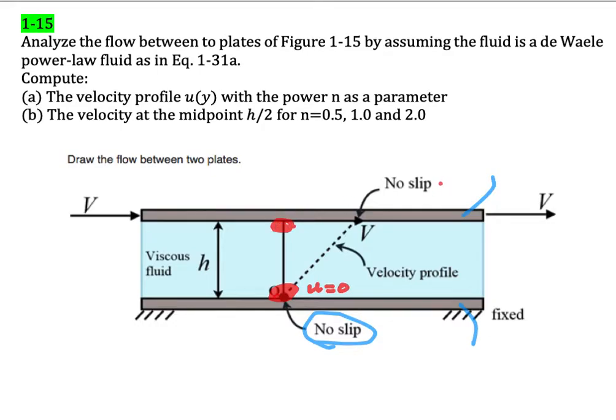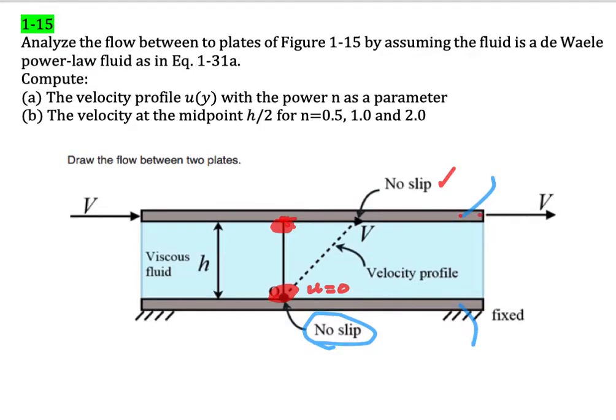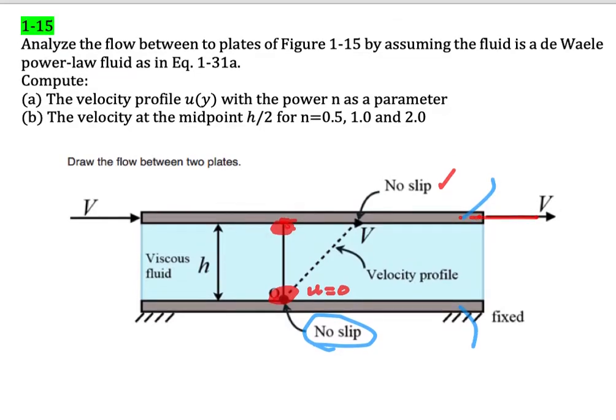But the idea of no slip here means, because it is stuck very hard on this surface, when this plate is moving at certain velocity, this molecule also moves at the same velocity as the plate, which is the capital V.